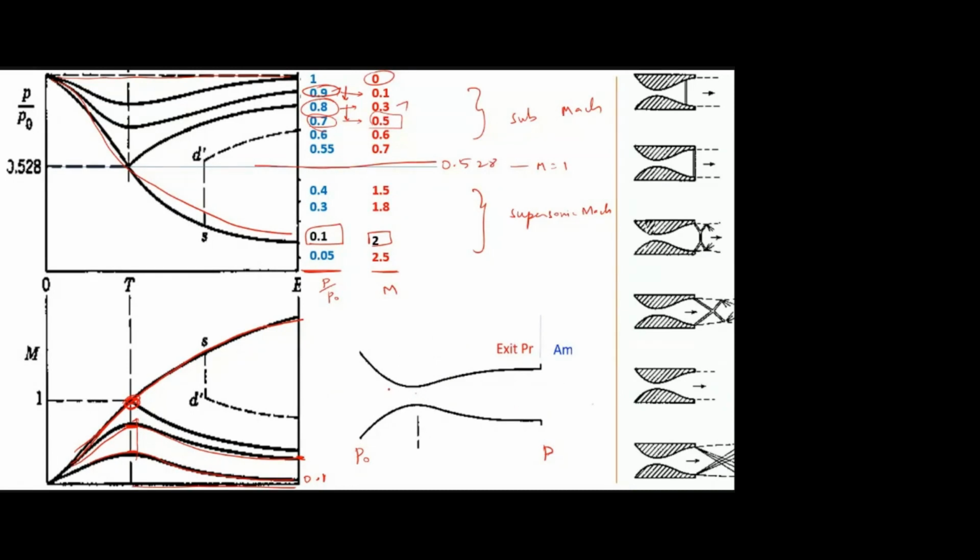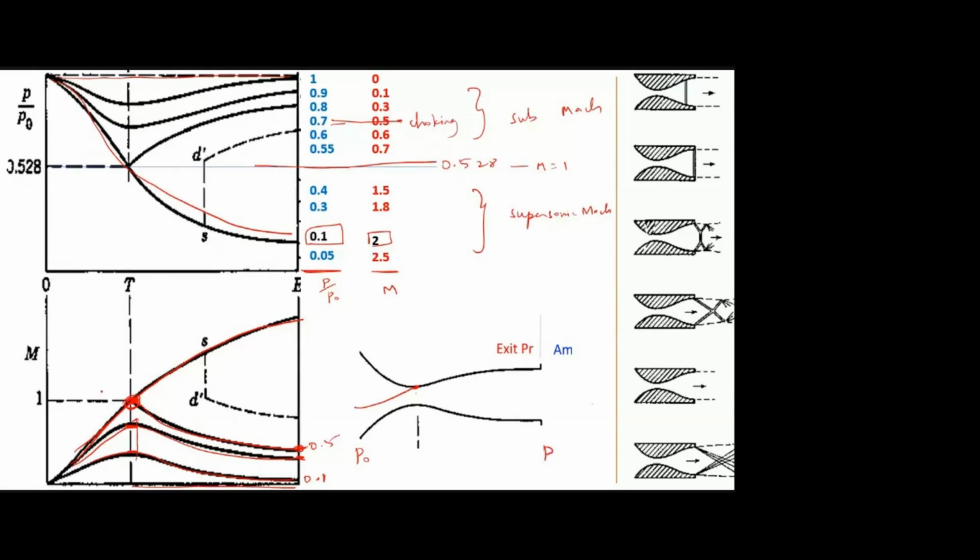What happened? Now the flow reaches sonic at the throat, but the exit pressure ratio is less and the corresponding Mach number is 0.5. So it is again decreased to 0.5, and this condition we call choking.